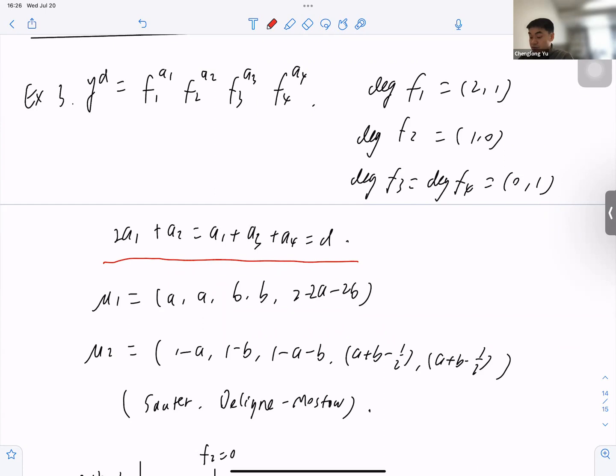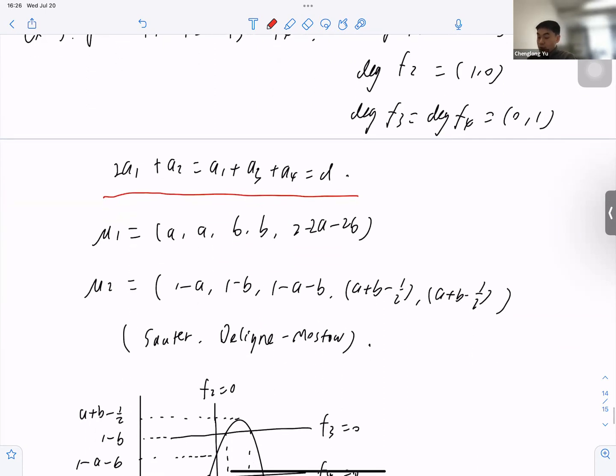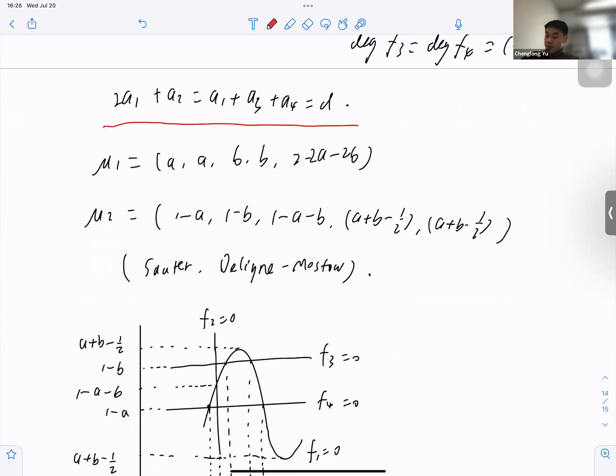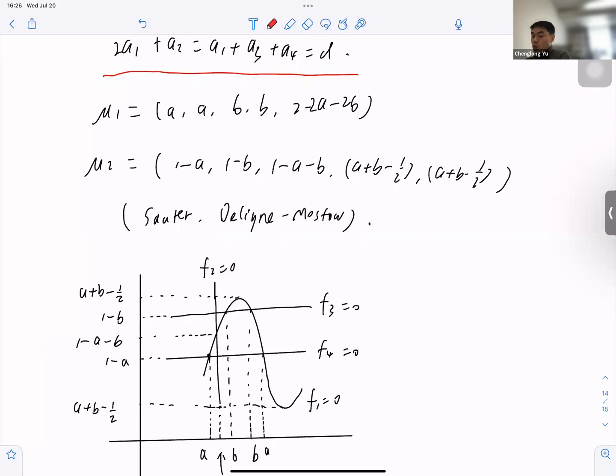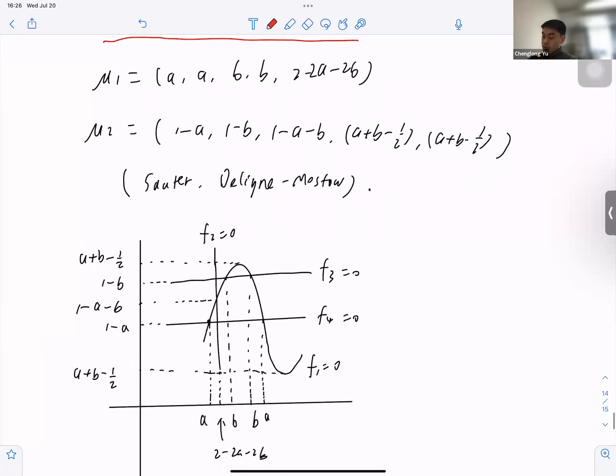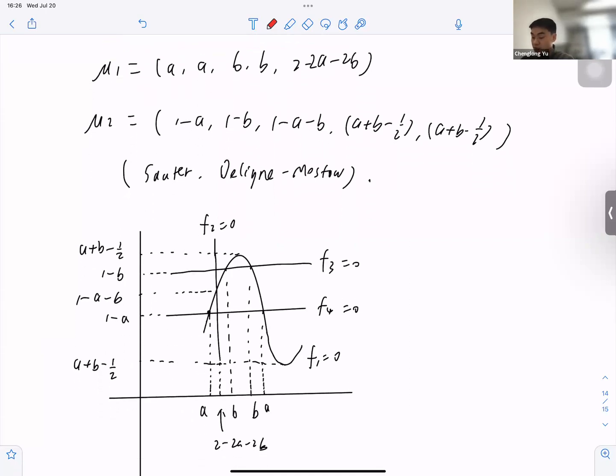So we have 2 free variables, and those 2 free variables will give us the 2 parameters in this mu1 and mu2. So from this point of view, we can see why we have this combination of the 5-tuples in Sauter and Deligne-Mostow's result. So the corresponding picture of the intersection of those curves and the singular points is in this picture.